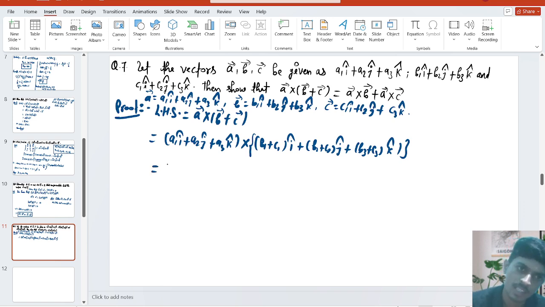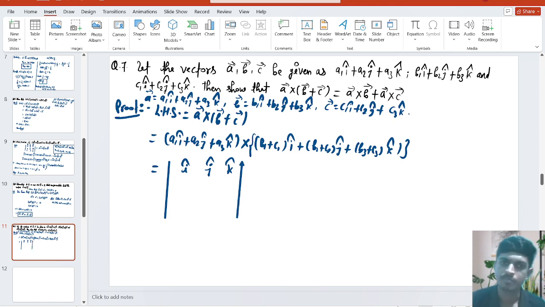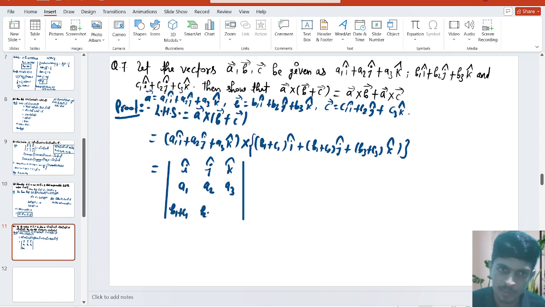So we write it in determinant format as i cap, j cap and k cap. The first row is i cap, j cap, k cap; the second row is the components of this vector, A1, A2, A3, and the third row is the components of this vector, B1 plus C1, B2 plus C2 and B3 plus C3.